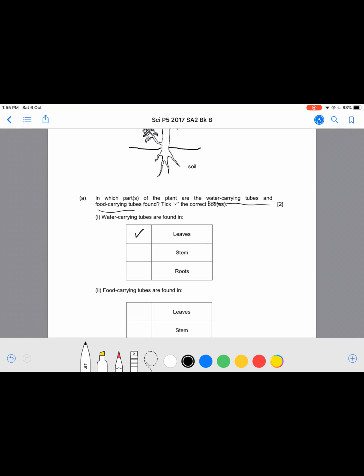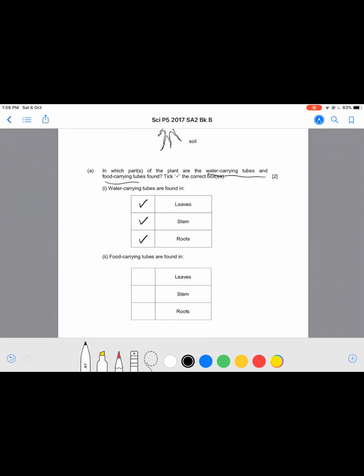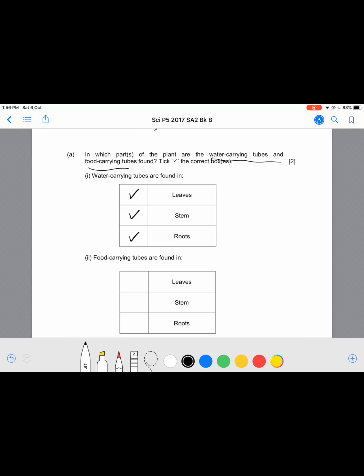The leaves will have the water, stems will also have the water, roots of course, in order to absorb water, must have the water carrying tubes. What about food carrying tubes? Of course, leaves are the food factory, they must have the tubes. And the stem needs the food also, the roots also need the food. Okay, so all parts of the plant will have water and food carrying tubes.